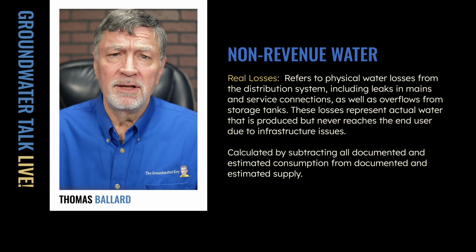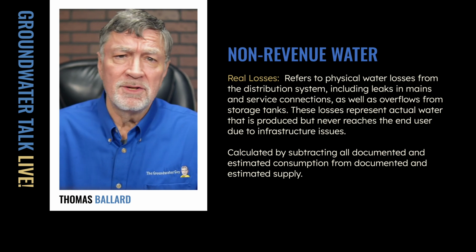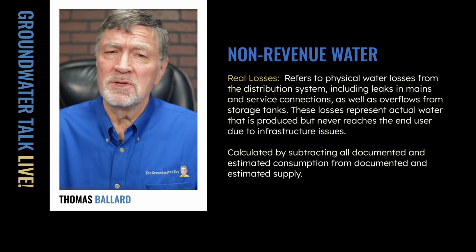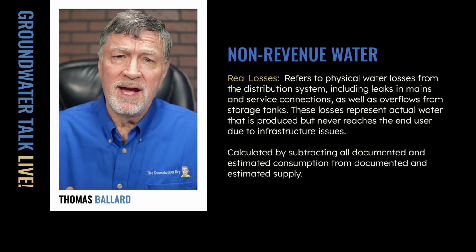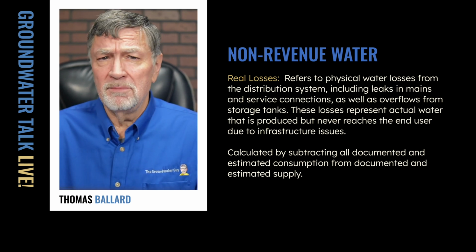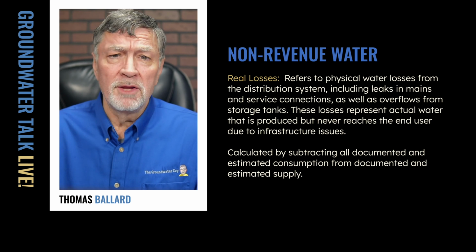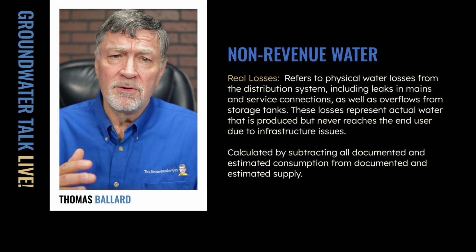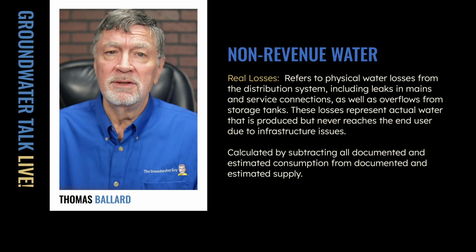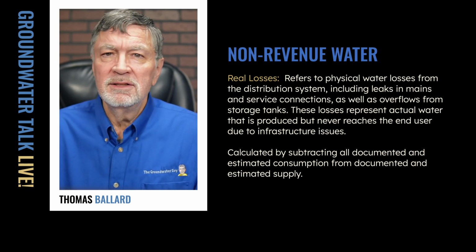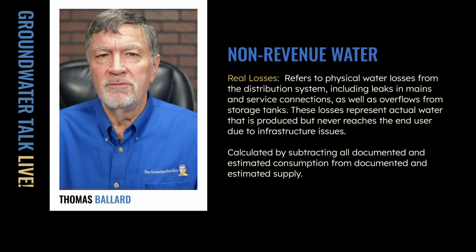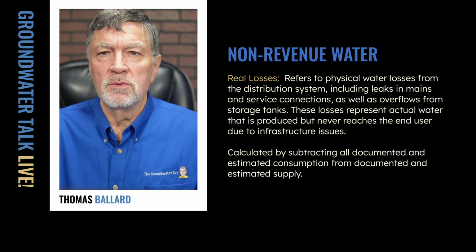If you split a water main and it's just leaking a bit where it's not a gusher and washing things out, sometimes that stuff can be hard to track down. And we'll do another show on techniques for tracking this down. Right now we're talking about how you differentiate and track your non-revenue versus your revenue water in your water system.